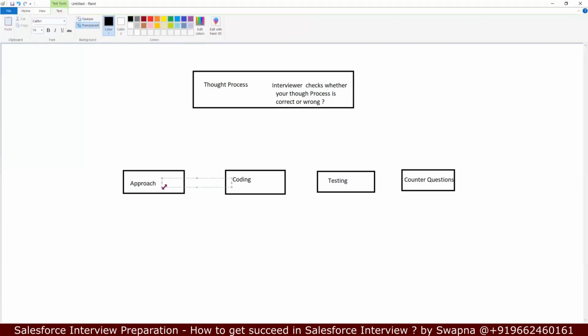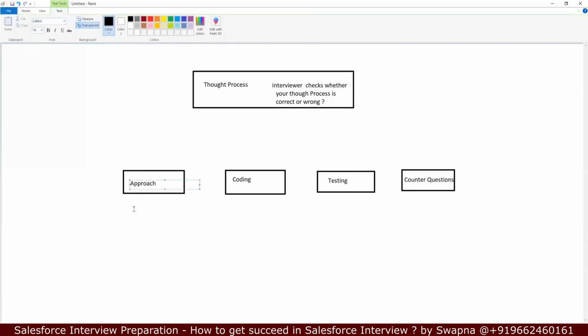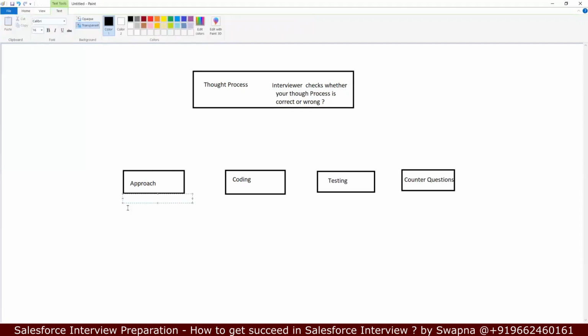And next, what is the approach? What is the meaning of approach? Approach is nothing but functional skills plus logical thinking.